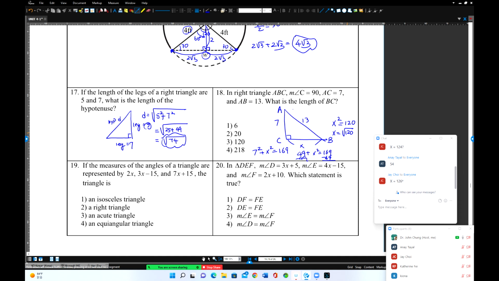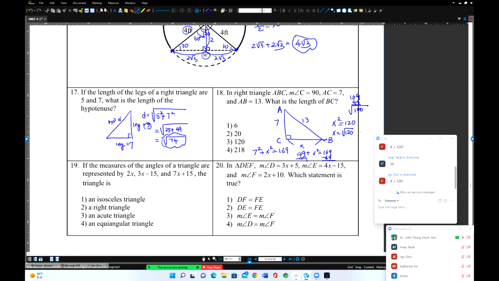x equals the square root of 120 is how much? That's no answer there. I'm going to calculate, okay? Square root of 120. 10.95. That's no answer. 169 minus 49 is 120, that is correct.